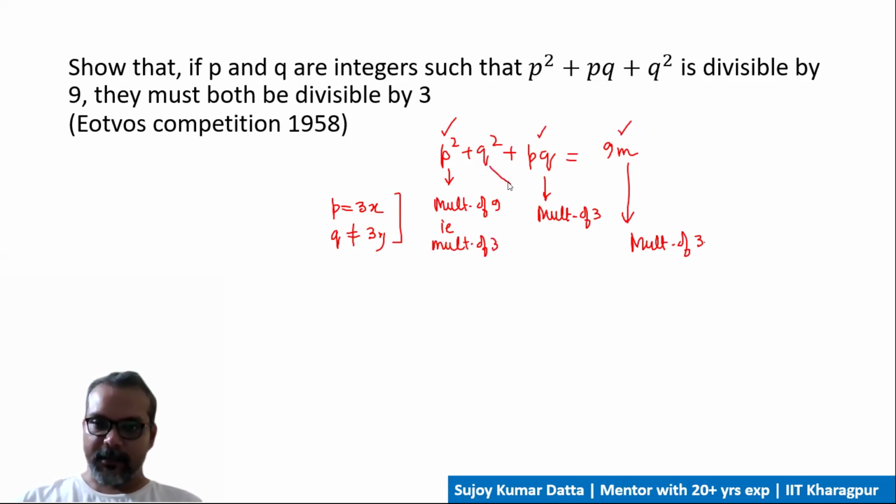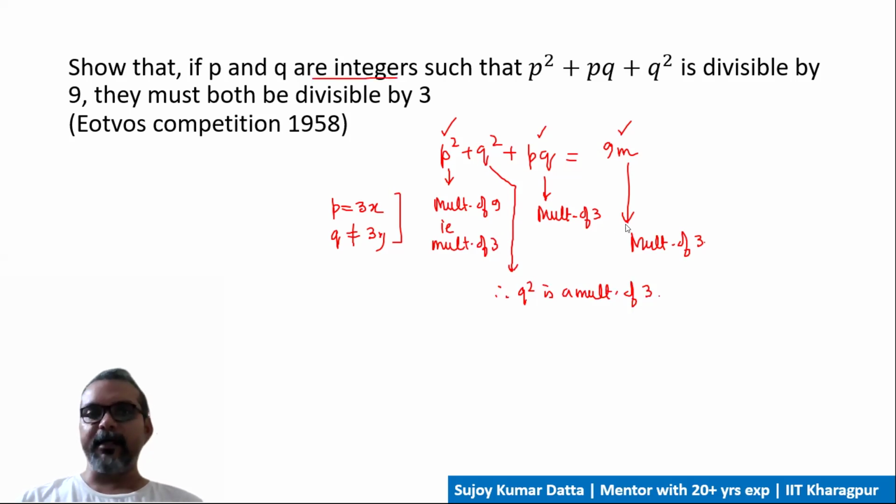Hence it must be that q squared is a multiple of 3. But q is an integer, right? If you square it and it's a multiple of 3, then if q squared was only 3, then q becomes irrational. So q squared is a multiple of 3, that must be a multiple of 9, and therefore q becomes a multiple of 3.